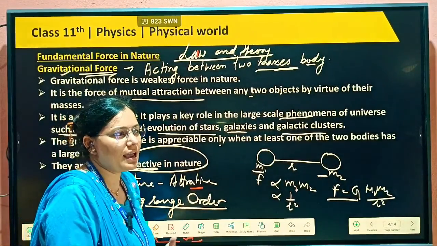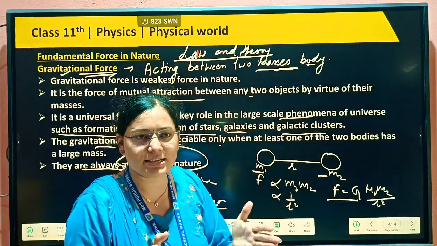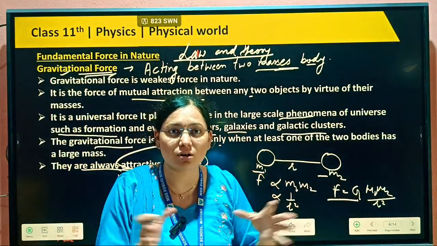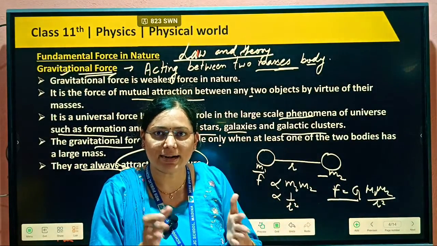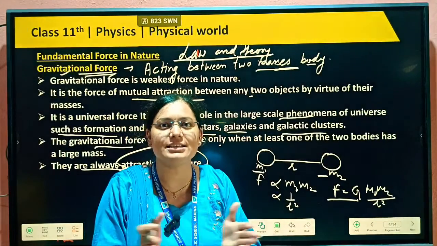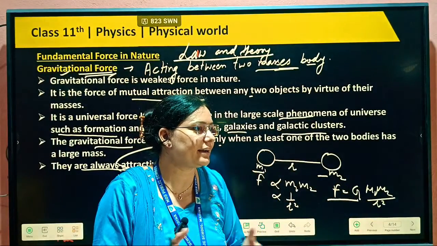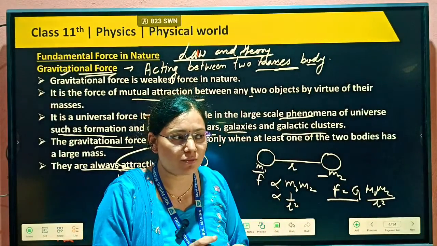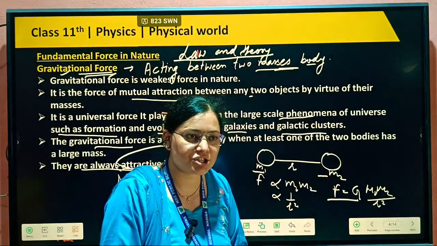For example, if we take two magnets and keep them at some distance, then as we bring the magnets away from each other, we will see they are not attracting or repelling. For a short distance they can attract or repel each other, but as we increase the distance between them, they no longer attract or repel. But if we throw any object from a long distance, it always comes downward.